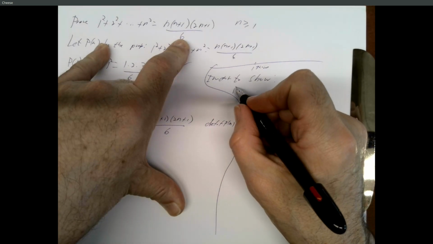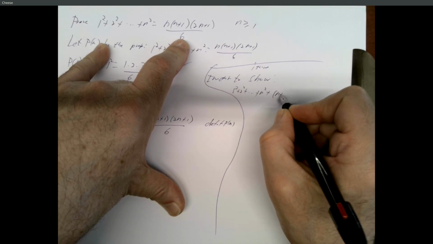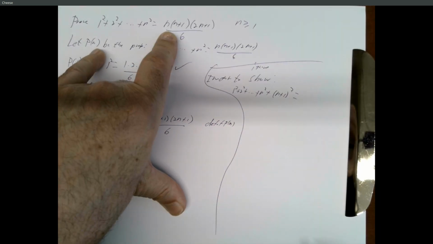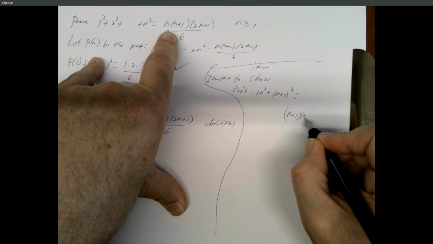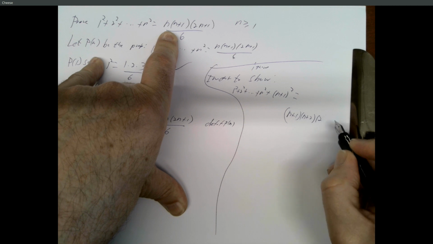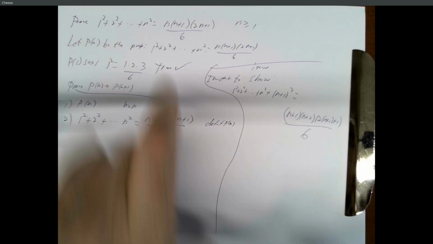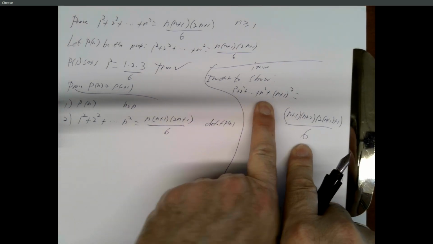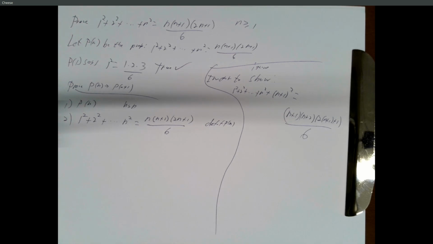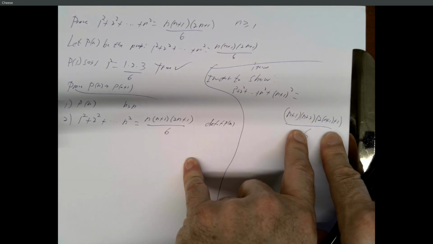So I want to show if I do 1 squared plus 2 squared plus up to n squared plus n plus 1 squared, that I should end up with n plus 1 times n plus 2 times 2n plus 1 plus 1 divided by 6. If I can show this, I can say P of n plus 1 is true, and therefore P of n implies P of n plus 1, P of n for all n by mathematical induction. So my whole proof comes down to, can I show that this is equal to that?